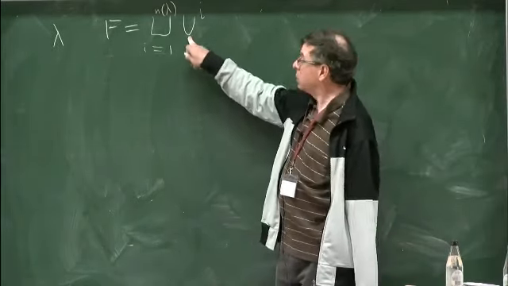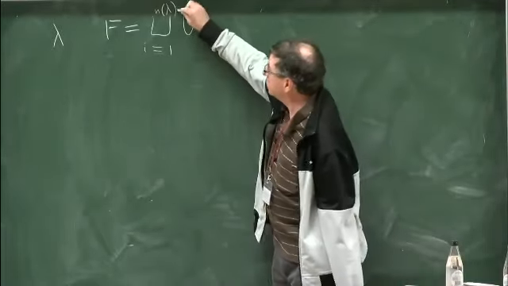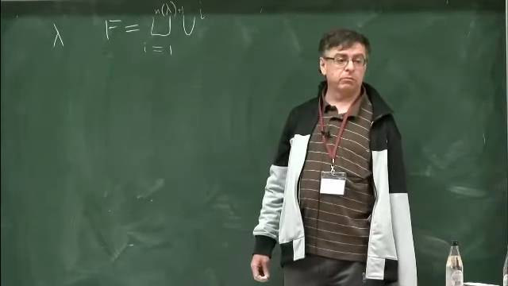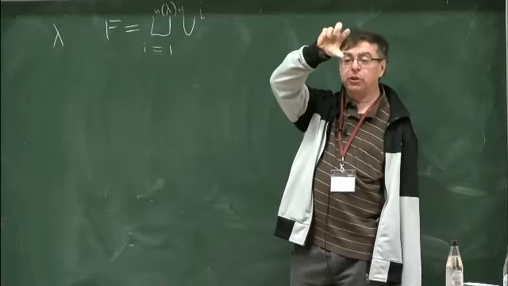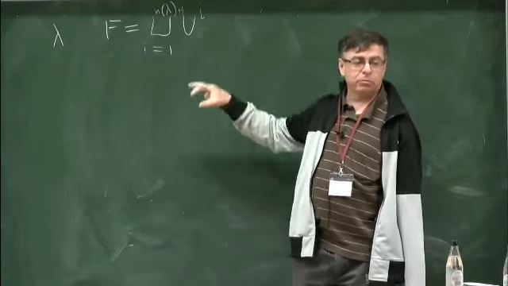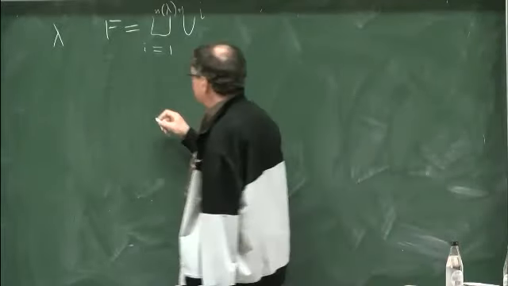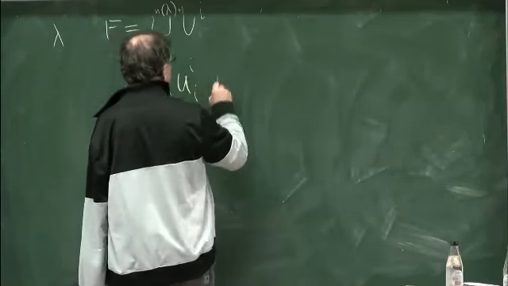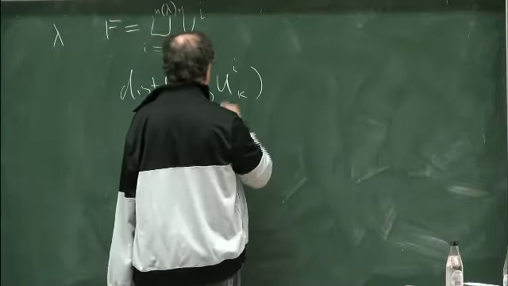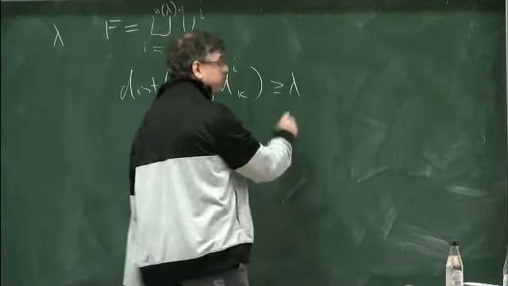So we color F in n of lambda plus 1 colors, so that each color is a union of blobs which are uniformly bounded, and the distance between U_ij and U_ik is again greater than lambda.